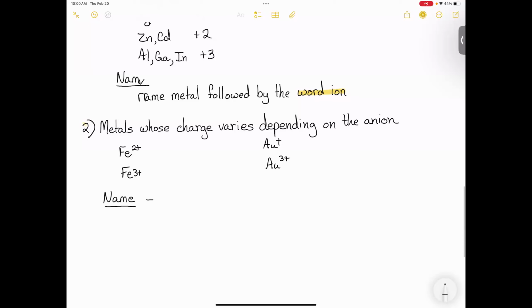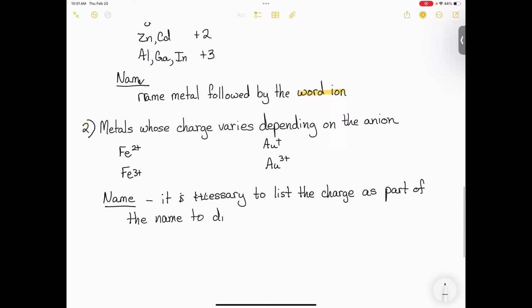So it is important to list the charge as part of the name, to distinguish which ion is present.